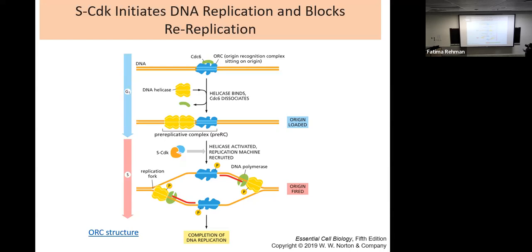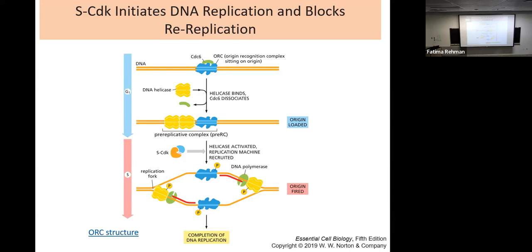This S-CDK, when it goes into the nucleus, specifically recognizes these origin recognition complexes. It activates those, and they are then able to come in and activate all the origins of replication, open them up and start the replication process. So the S-CDK initiates replication by removing the block.